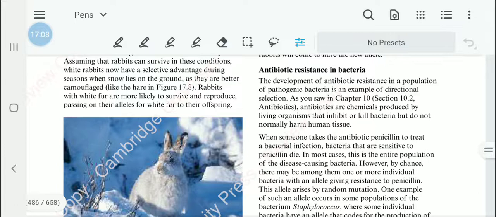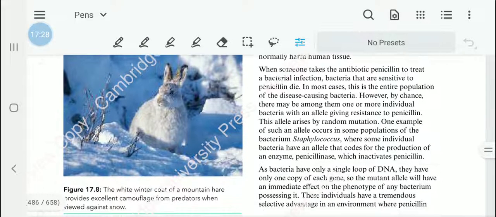So then we will have to develop more drugs. When a pathogenic bacteria enters our body, we can take antibiotics and destroy them. These antibiotics are chemicals produced by living organisms that inhibit or kill bacteria, but they don't harm human tissue.